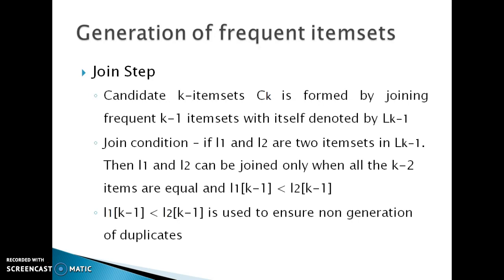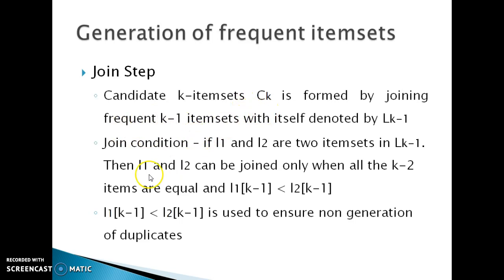The frequent item set is denoted by the symbol L, and L K minus 1 stands for the frequent K minus 1 item sets. From these, we are going to generate the input for the next iteration, that is, the candidate K item sets.